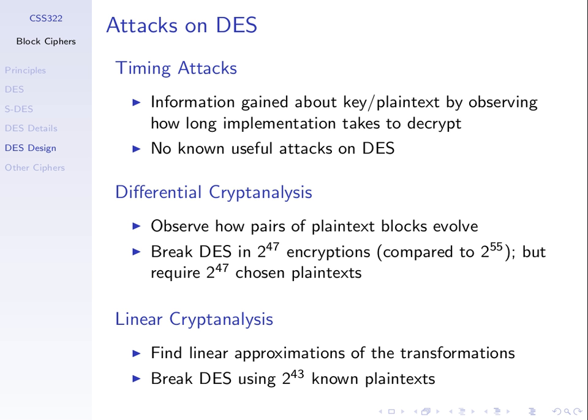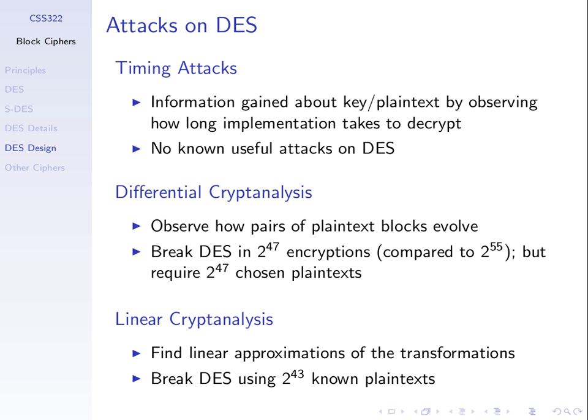This will be 256 times faster than a 2 to the power of 55 brute force attack. But it requires the attacker to know billions, trillions of different plaintext values.